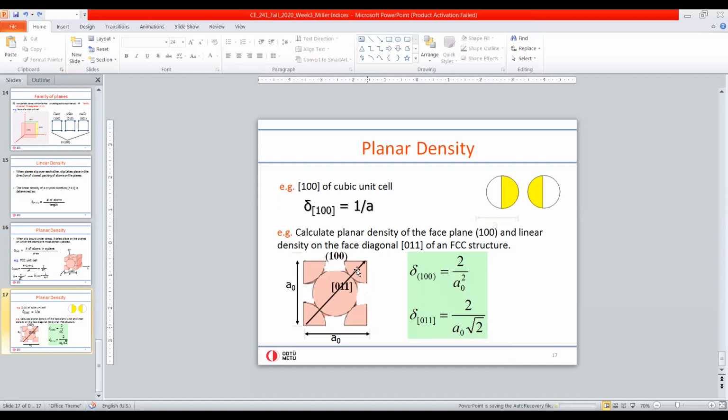One would be this vector, or this direction, and the other would be this vector, because they'd have the same number of atoms per the same length, hence they'd have the same value.